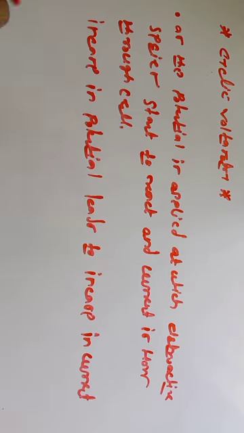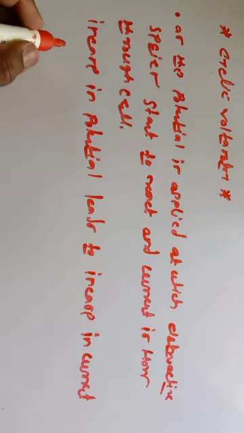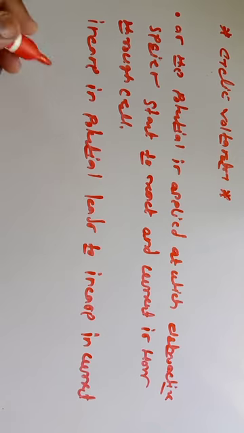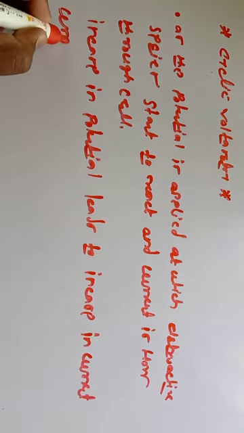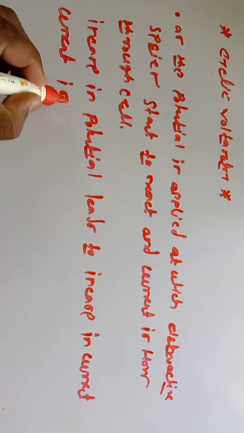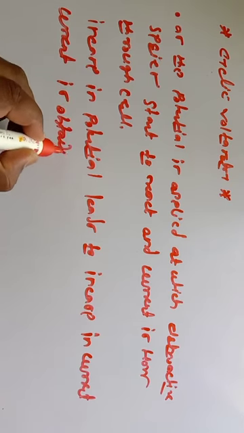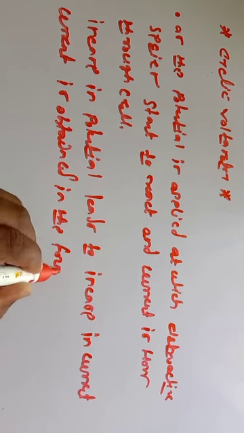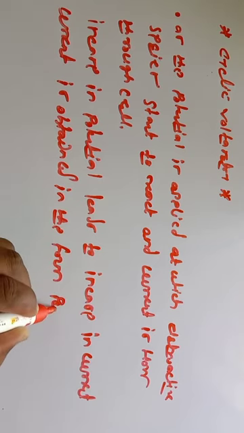The current obtained in cyclic voltammetry is obtained in the form of a peak.